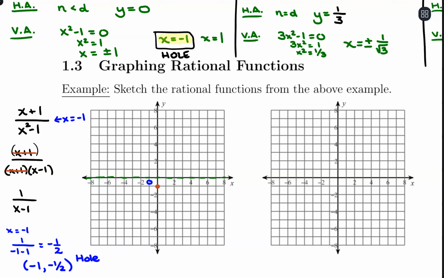And then the vertical asymptote at x equals negative 1, we've covered already with that hole. It's not going to really be showing up as a vertical asymptote, but this hole is the other way that it shows up. X equals positive 1 is going to be a vertical asymptote.